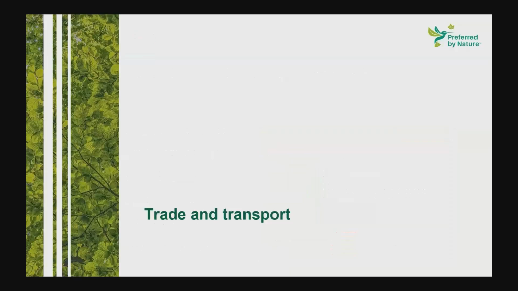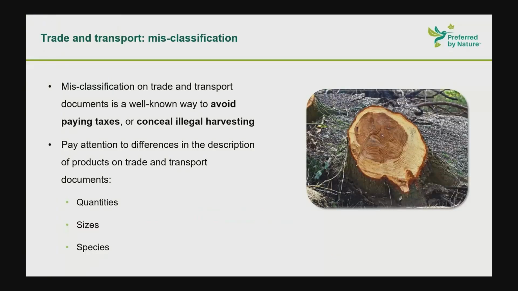Trade and transport. So trade and transport verification, so higher level verification. It's quite well known that misclassification on trade and transport documents can be a way to avoid paying taxes or to conceal illegal harvesting, right?